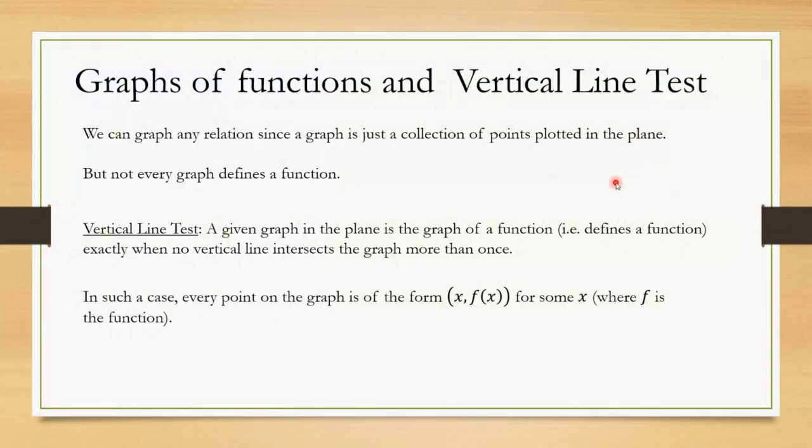I mean, it may not be easy to do because most graphs have infinitely many points, but theoretically we can form a relation. So just like from a relation we can get a function, we can also get a function from a graph. And how do we do that? That's where this vertical line test comes into play.